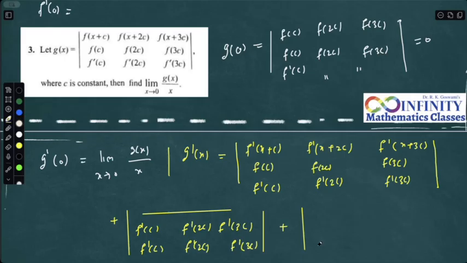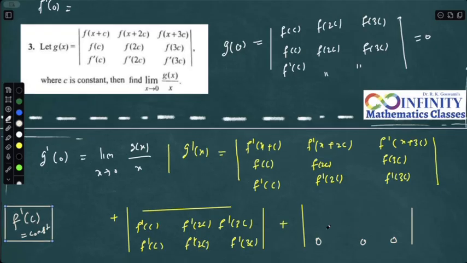Should it be 0? Why? That is an easy observation, because c is a constant. Whenever you plug the value c there, it becomes a constant, and the derivative of a constant is going to be 0. So I will be getting 0 and the rest are going to be the same.